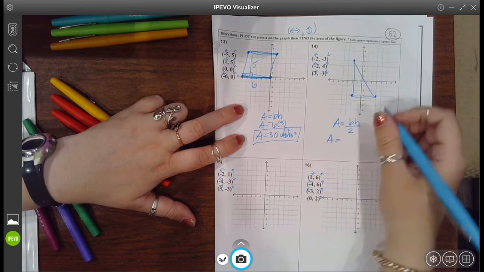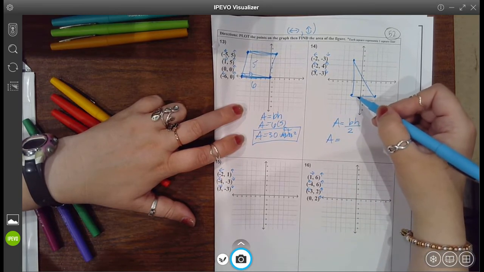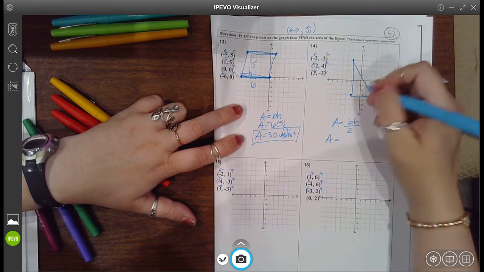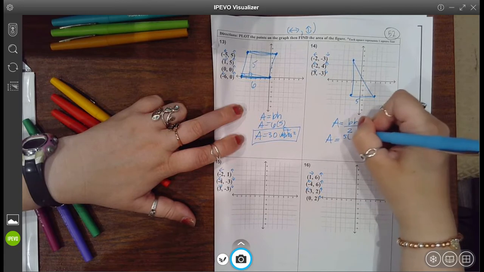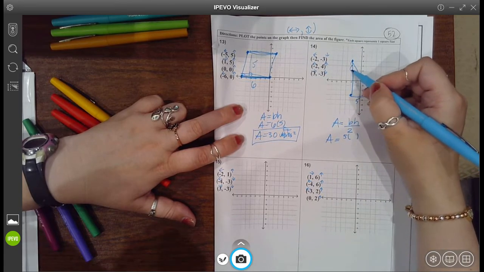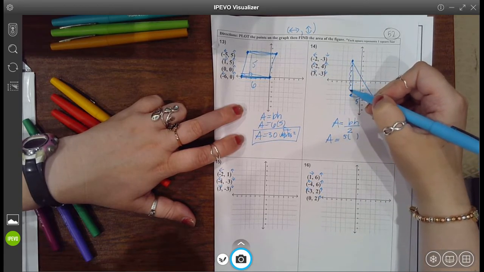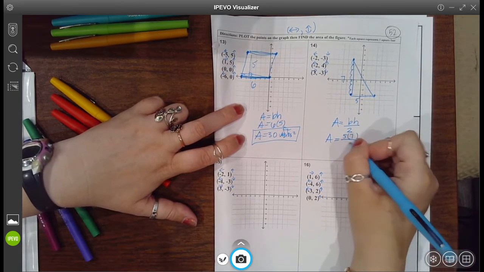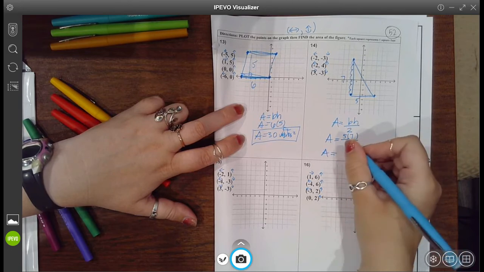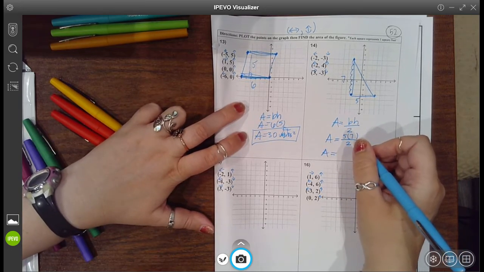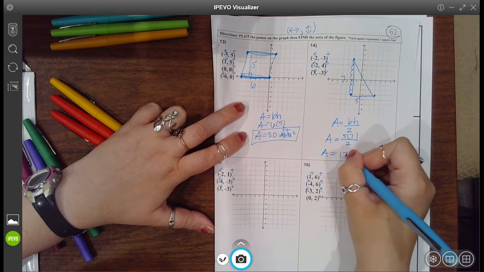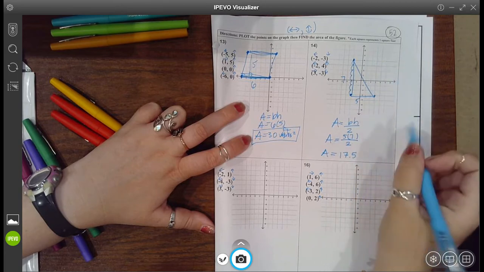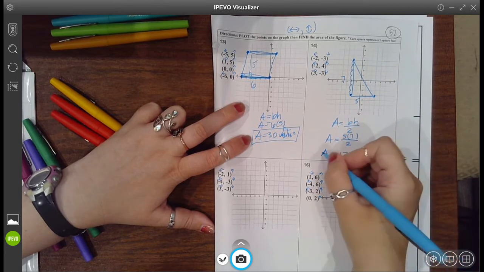So my base length, if I count, is 1, let me double check, 1, 2, 3, 4, 5. And my height is 1, 2, 3, 4, 5, 6, 7. All over 2. 5 times 7 is 35. 35 divided by 2 is 17.5. And again, it says, 1 square equals a foot, so it's feet squared.